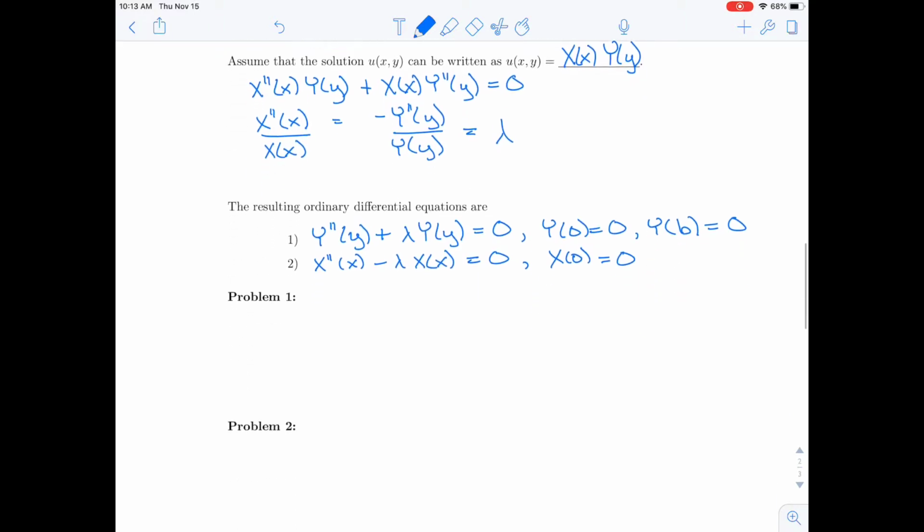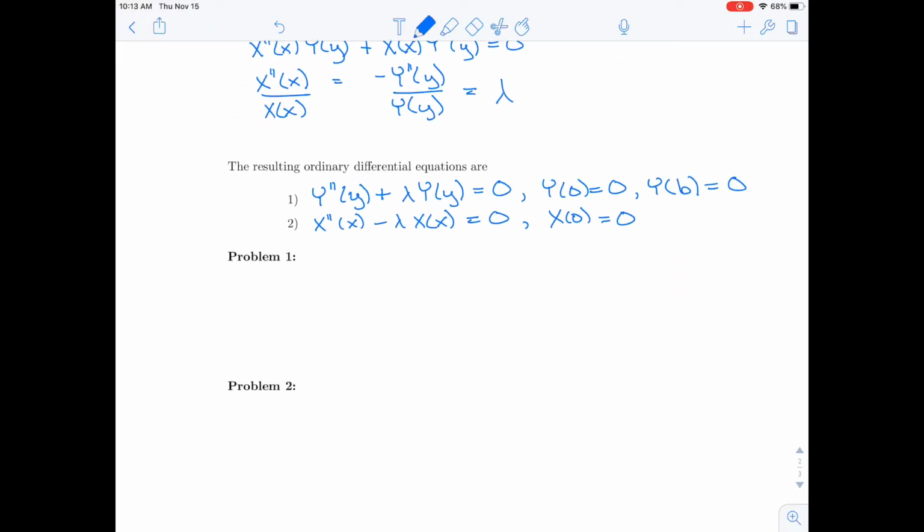So now we want to look at problem 1. Problem 1 says that y double prime of y plus lambda y of y is equal to 0. And this is a problem that we've actually encountered before.